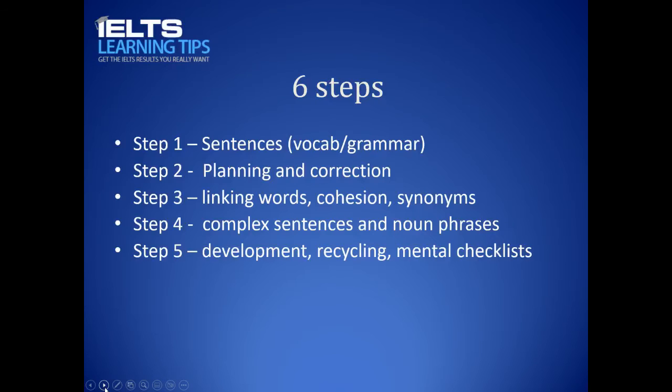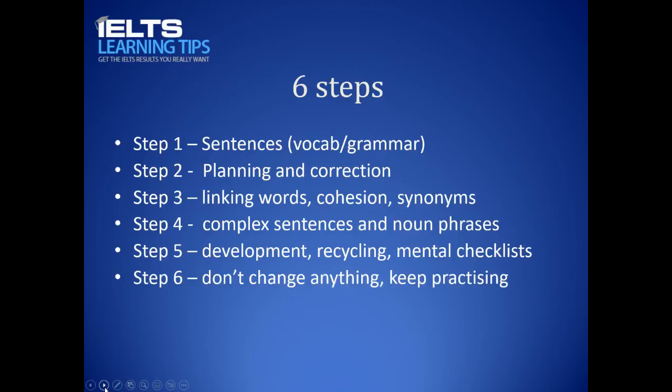So if you've got some devices, some sentence types, and they are working, then just keep using them over and over, and you start developing your writing. And now you're at the stage where your writing is probably approaching 7, well, it's probably at 7 or at 8, and you need to just keep practicing until the day of your exam, and then you can start thinking about booking your exam.